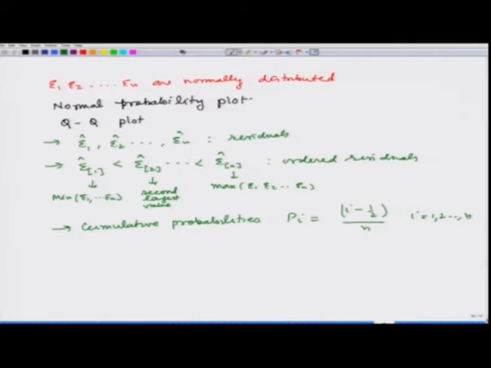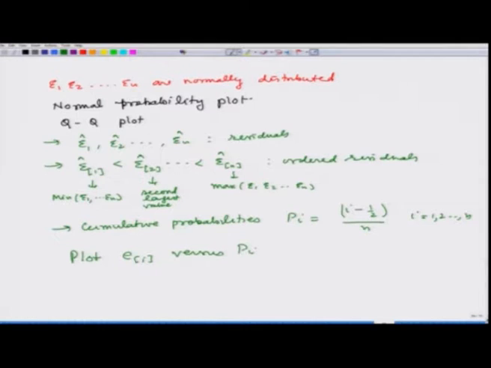I would like to inform you that some software may use some other value instead of 1/2, so it may be i minus something divided by n. But our basic idea is to compute the cumulative probability. Then we plot the ordered residuals versus p_i, that is, the cumulative probability.